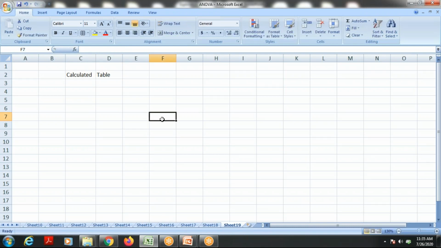You remember in some of the previous exercises, we calculated some value and then compared it with the table, like chi-square. We calculated the chi-square value and then compared it with the chi-square table. That's what we did.